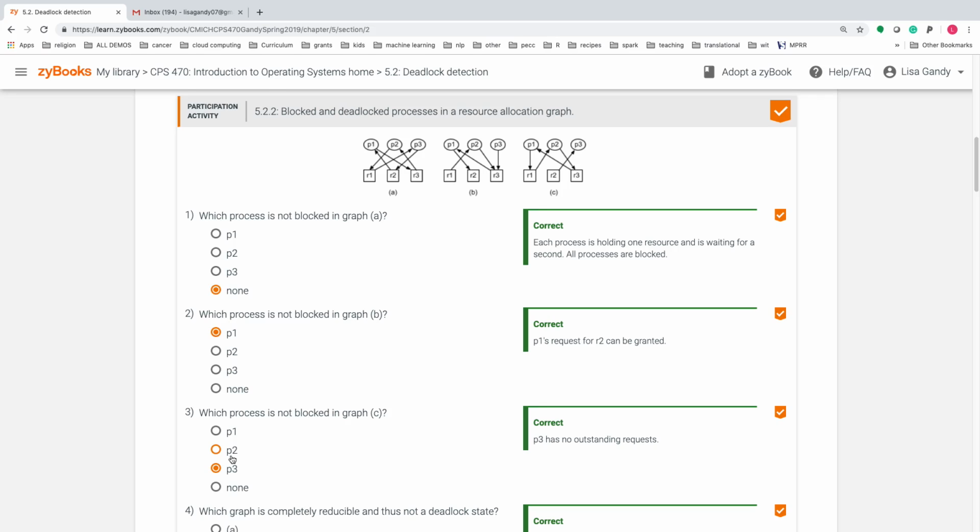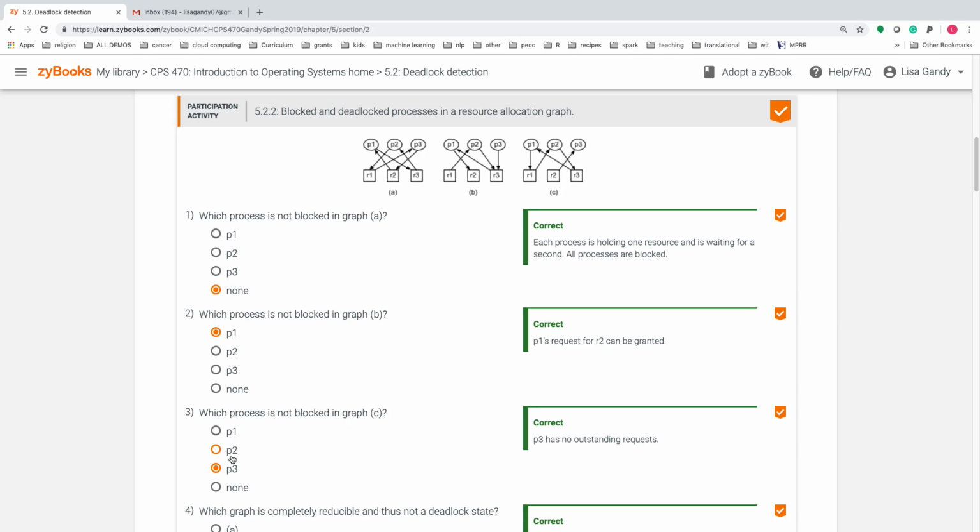And then R2 is going to be assigned to P3. Am I missing anything? R1 assigned to P2. Okay. So this one's gone.